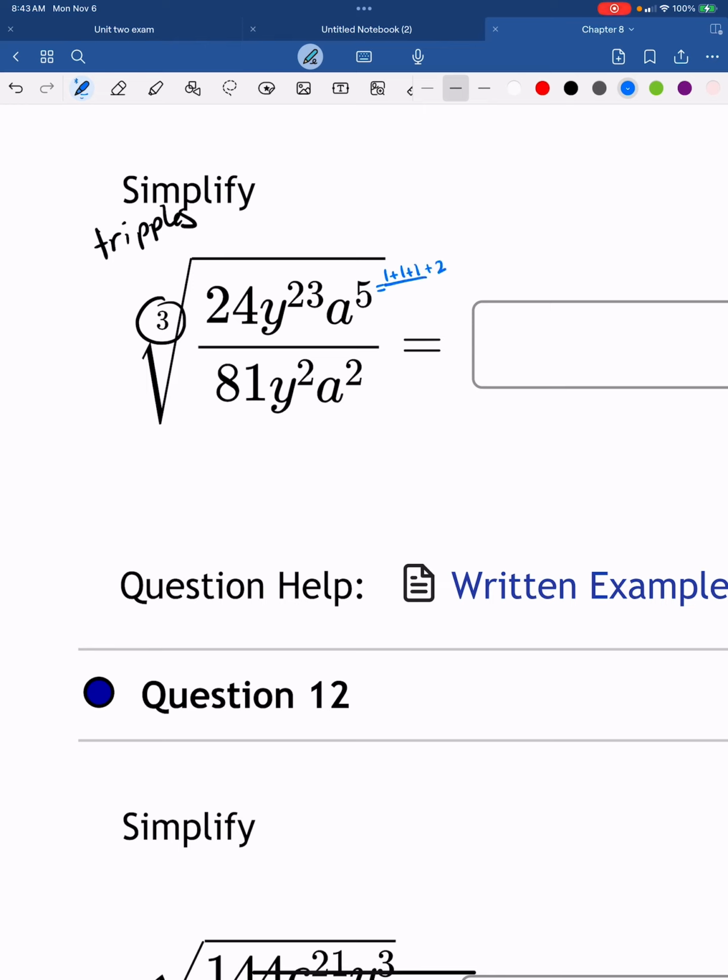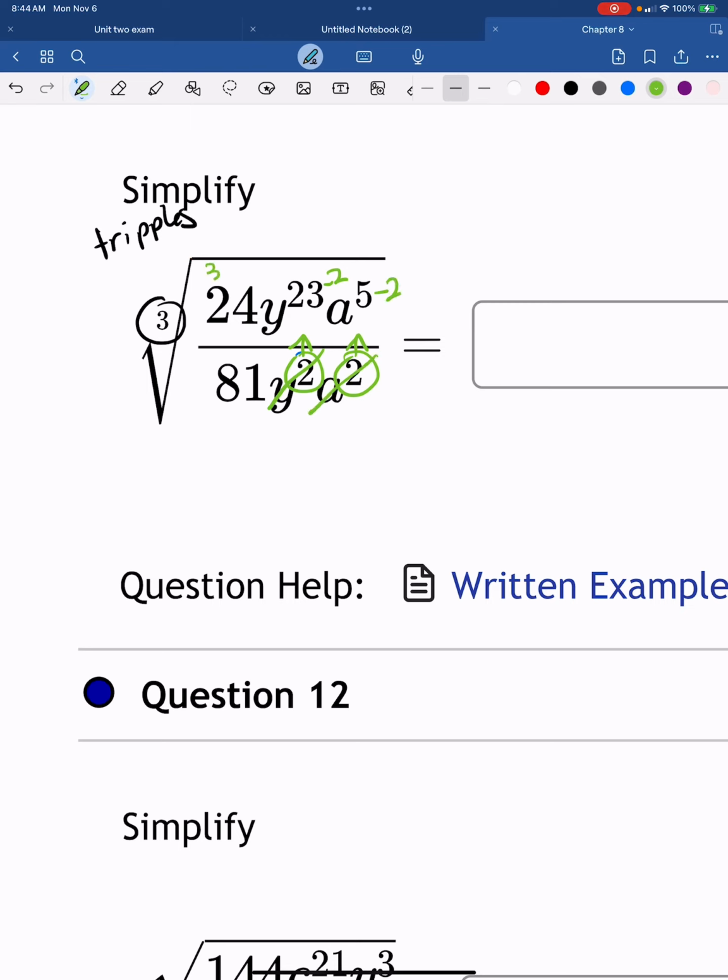So there's a triple. Oh, wait, hold on. I think the first thing we'll do is bring this up, minus 2. Bring this up, minus 2.